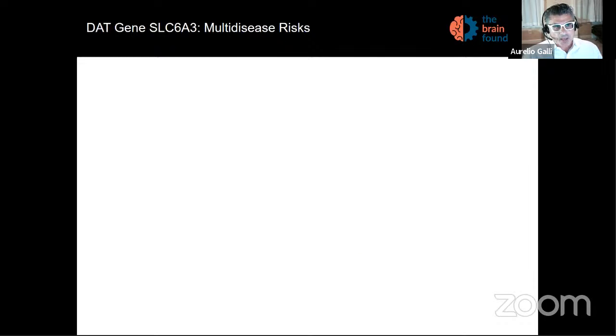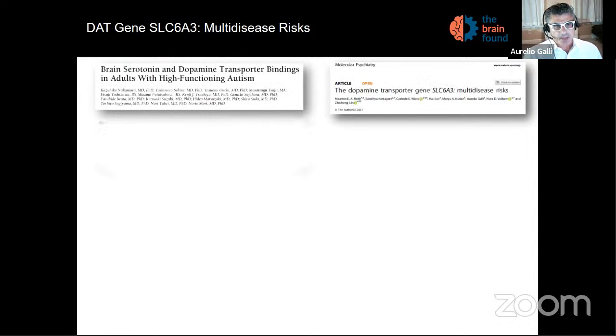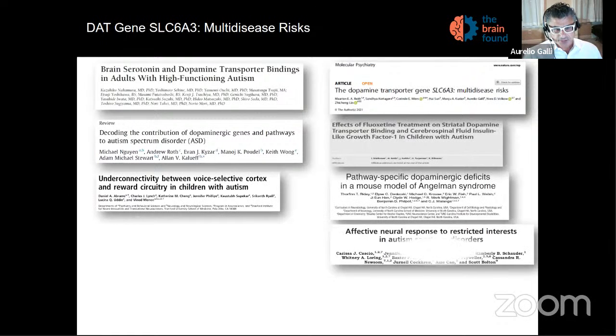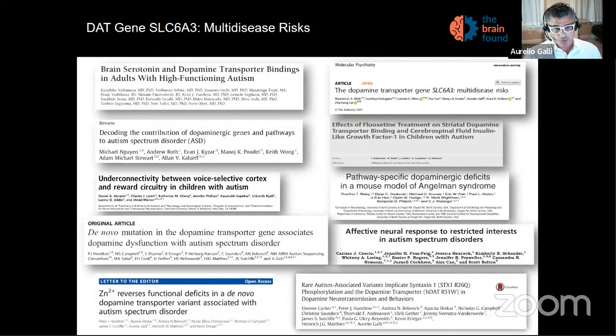So in the scientific community in the last few years, people are starting to publish papers looking at the dopamine transporter dysfunction and its association with autism spectrum disorder. There are not many papers that have done that, but like I said, in the last few years, particularly our group, in collaboration with Randy too, has published a few papers regarding this subject.